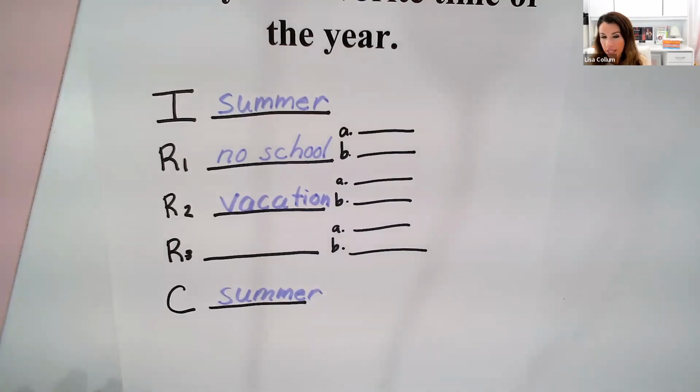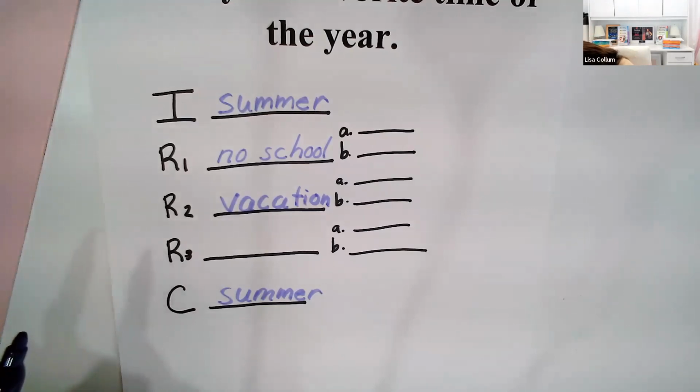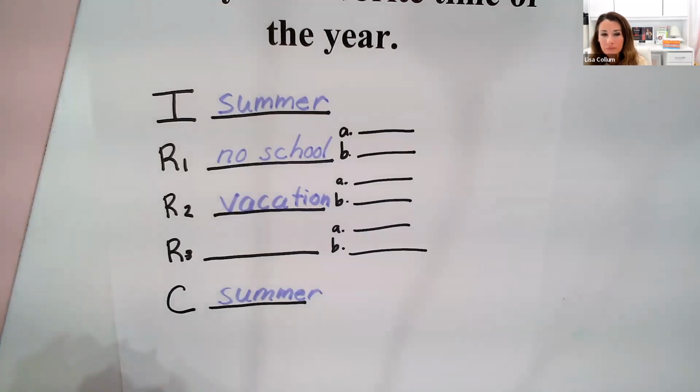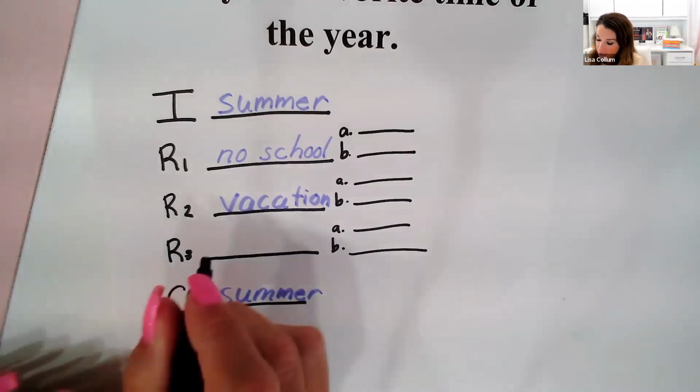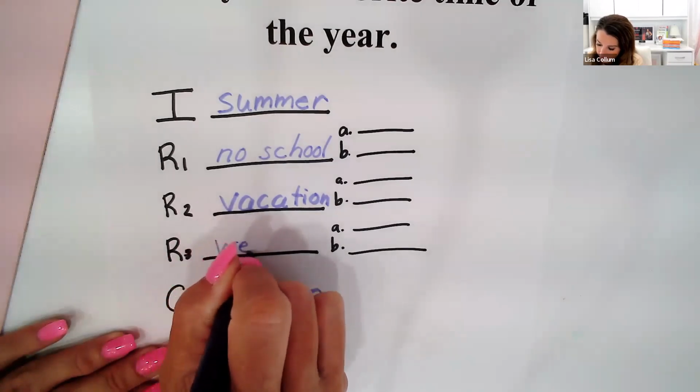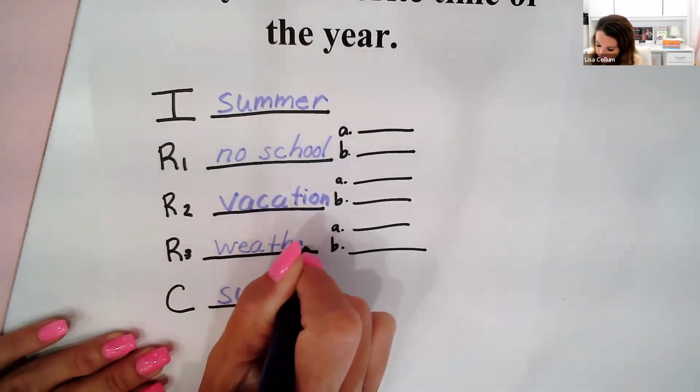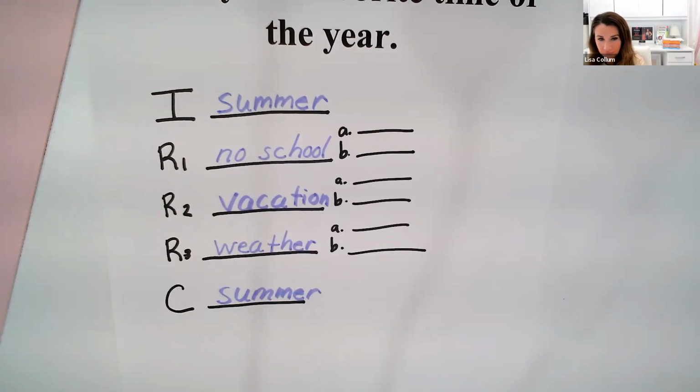All right, make sure you have vacation for R2. And the third reason I like summer is because of the weather. So go ahead and write weather. Now you should be writing this as I'm writing it. We're doing this one together.